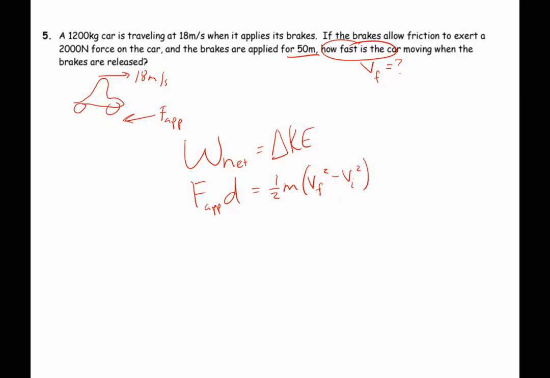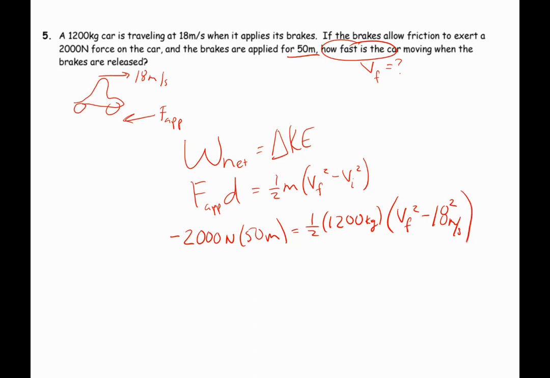When I plug that in, I get negative 2,000 newtons times 50 meters is equal to 1/2 times 1,200, the mass of the car, times V final squared minus 18 meters per second squared.